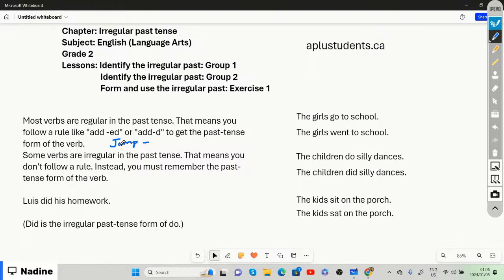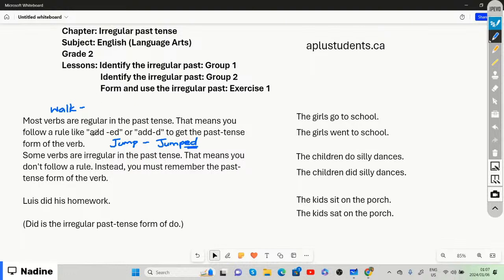So jump, if we need to show this in the past tense, we are going to say jumped. And that means that we added an ed. The same with walk. If this is something we are doing now, I walk.